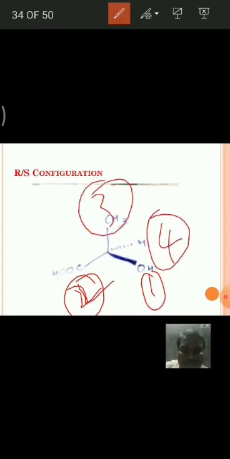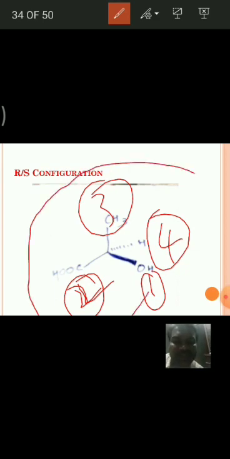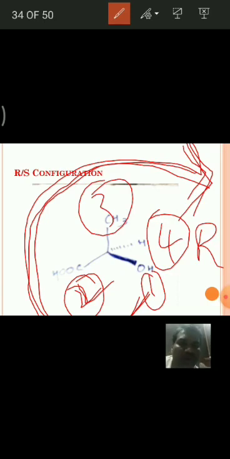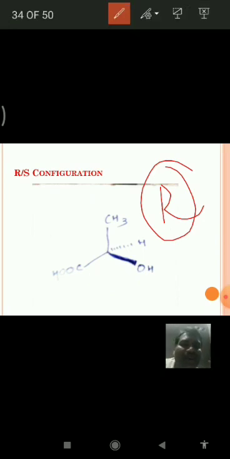Again the fourth group, that is hydrogen, is attached with hatched wedge bond. Then again no problem, connect 1 to 3 via 2, like this. It is connected in clockwise direction, hence the molecule is configured as R. I think you have understood. This molecule is assigned with R configuration.